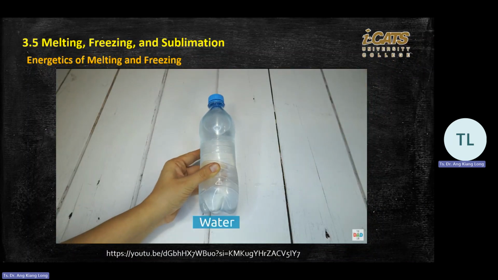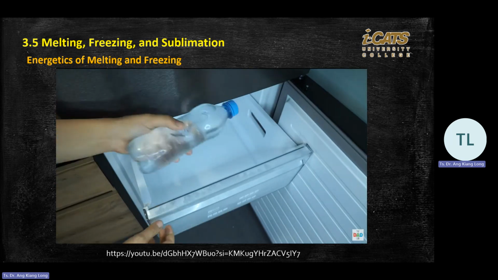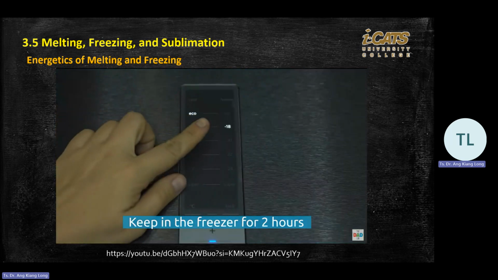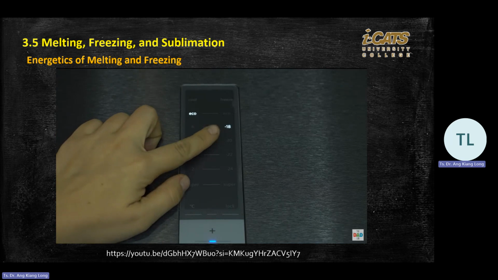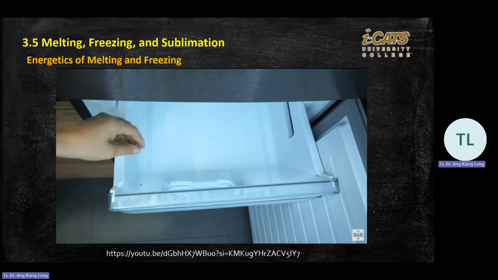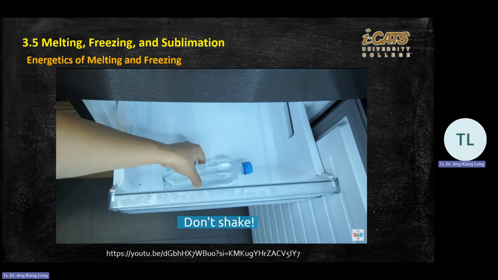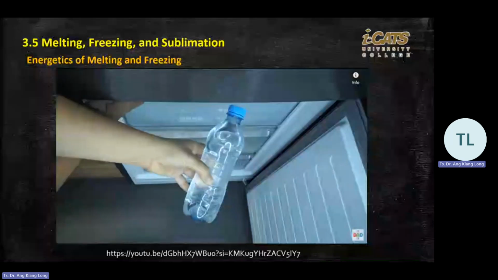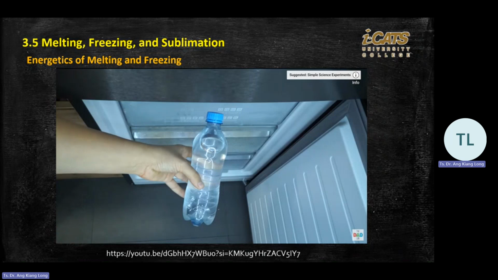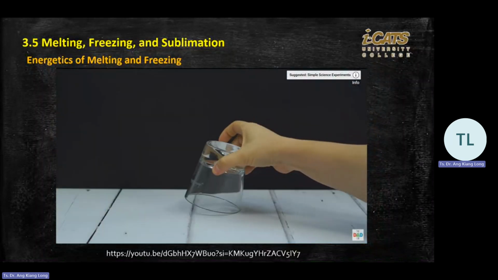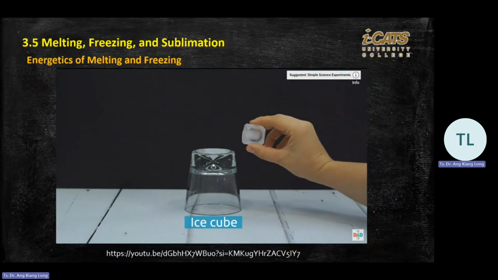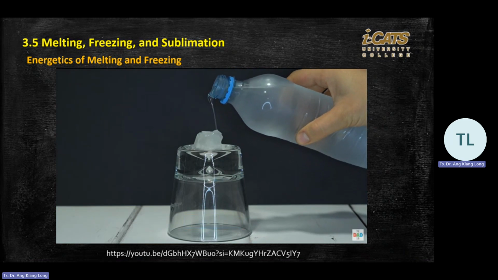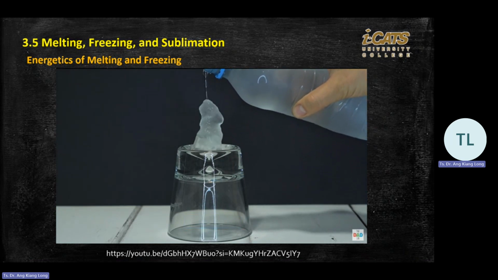So you can take the water, put it in the fridge without doing anything, and leave it for 2 hours. This has to be clean water. Then you pour it out. You need an ice cube to let it form.